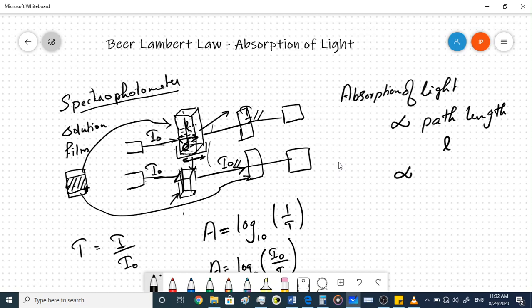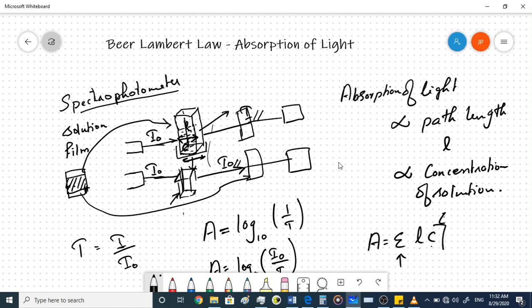Another parameter is the concentration of the solution. We can call it C, and then the formula for absorption is given as the coefficient of absorption epsilon into L into C. This is the path length, this is the concentration.